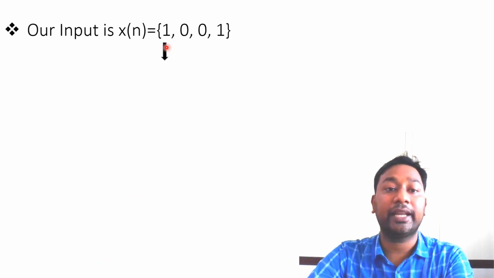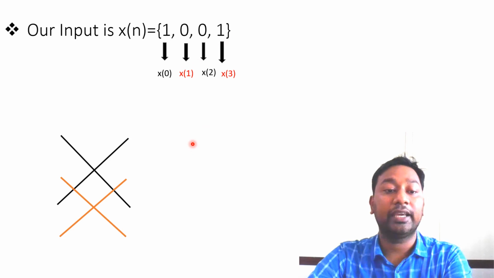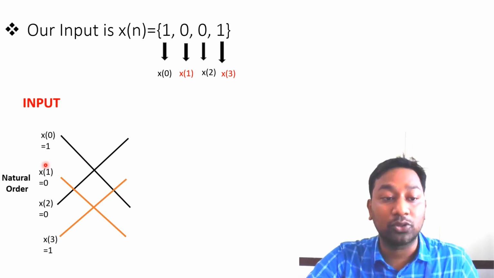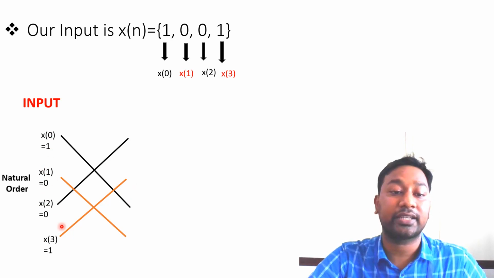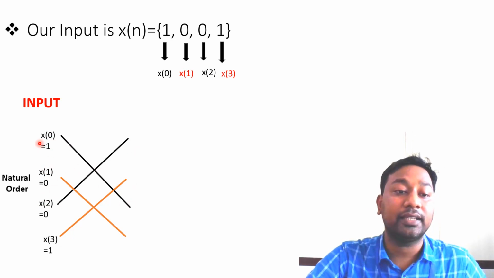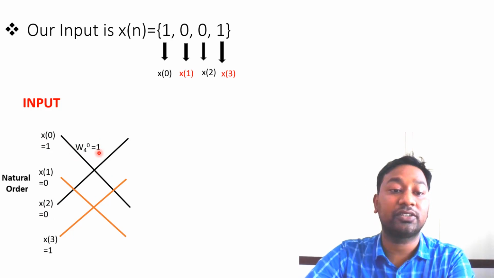Now the input is given, x of n is 1, 0, 0, 1. So x of 0 is 1, and similarly x of 1, x of 2 and x of 3 are 0, 0, 1. In stage 1, two butterflies are used and the inputs are in natural order. For the first butterfly, the inputs are 1 and 0, and the twiddle factor associated is omega 4 to the power 0.